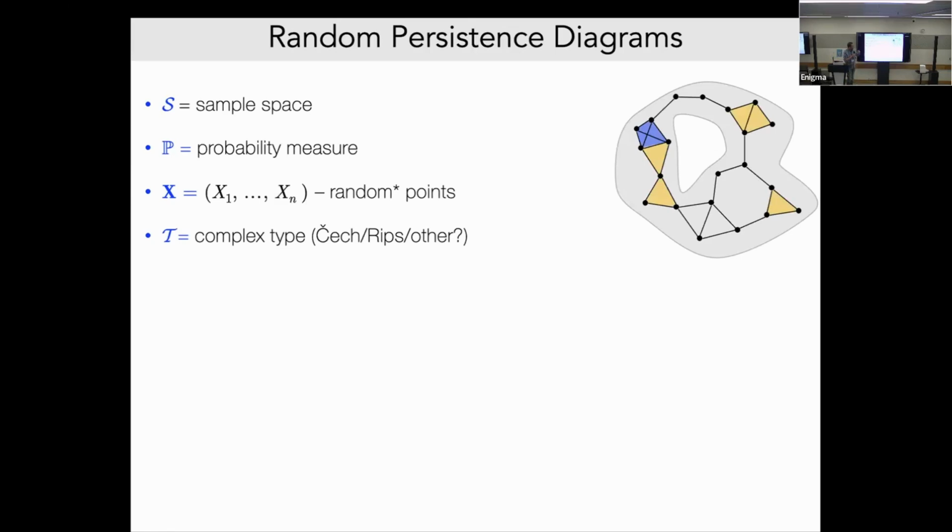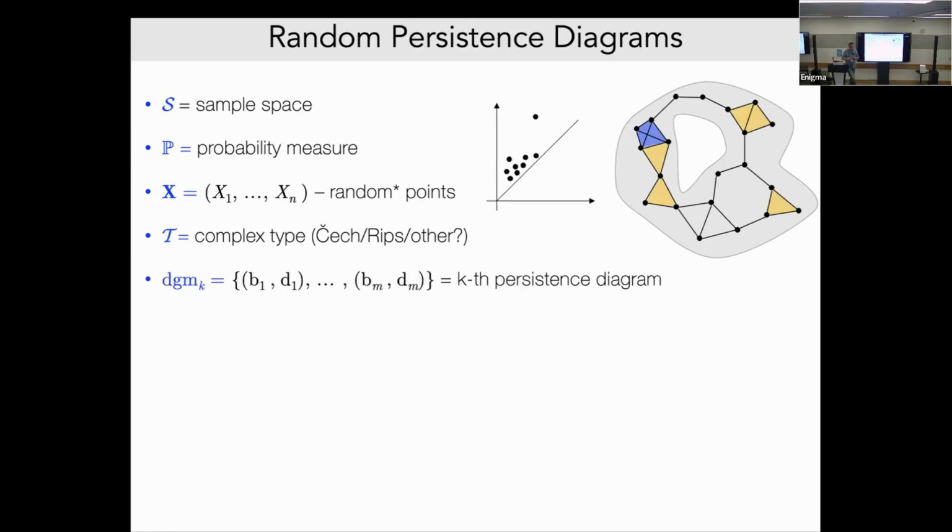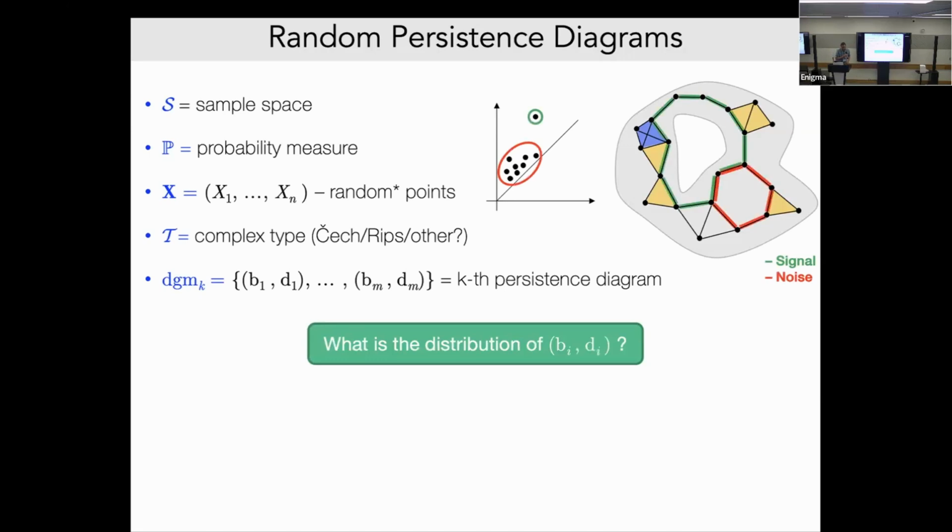So we have some structure. This structure gives us a persistence diagram, so we can look at all the cycles. Each of them appeared and disappeared at different times. So we have a collection. K here is the dimension of homology, whether it's 1-cycles or 2-cycles, bubbles, and so on. And we have lists of birth and death pairs. Now this list is random. This collection of points here in the plane is a random collection of points.